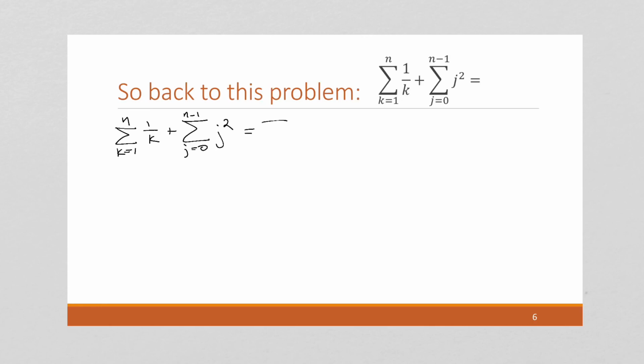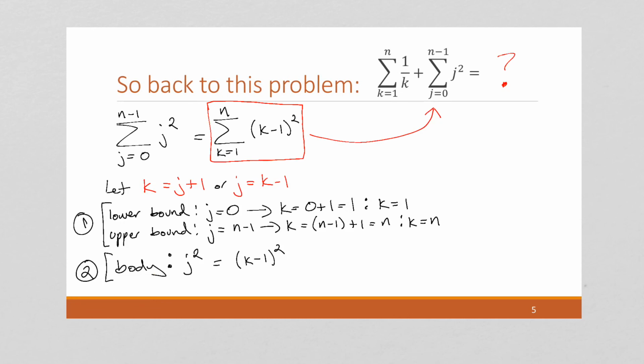And I'm going to substitute in for the second term here. So we had the sum from k equals 1 to n of k minus 1 squared.